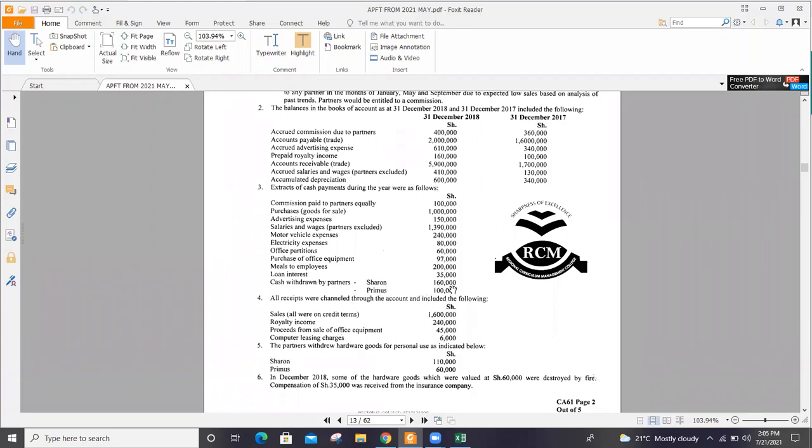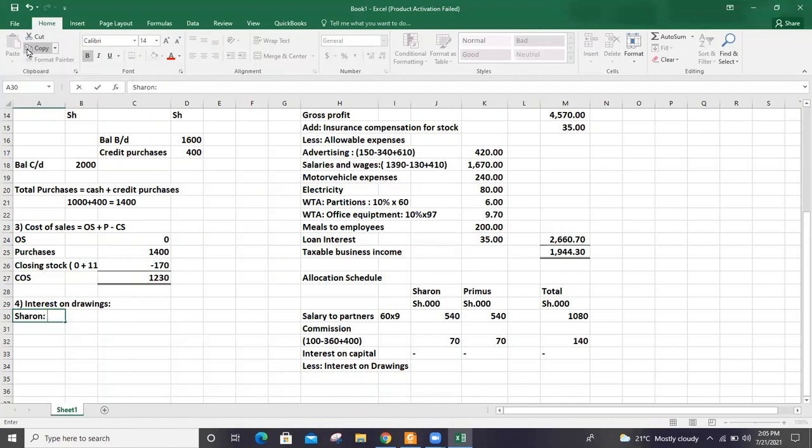So we start with 160, remove the 100 which is exempted, then add the 110. 160 minus 100 leaves 60, plus 110 is 170. 8% of 170 is 13.6.